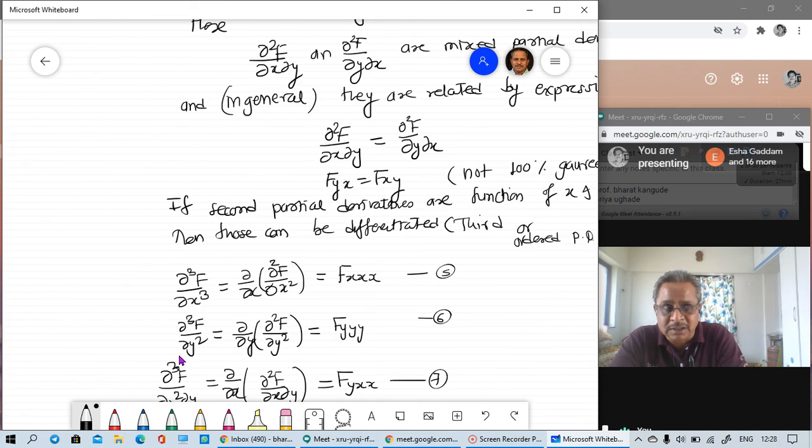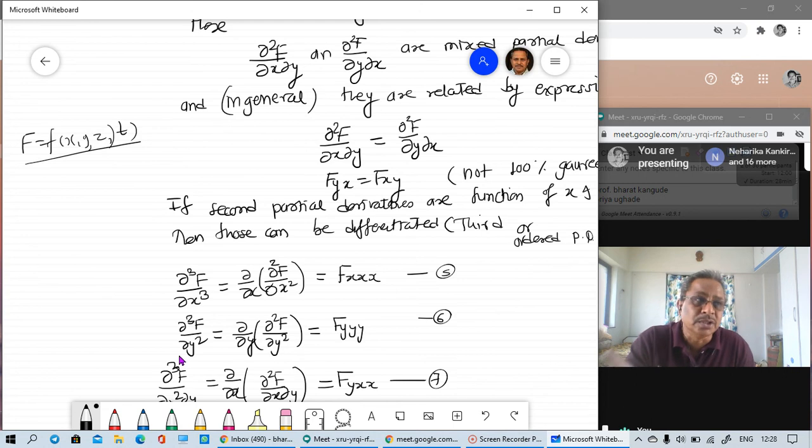Now you can calculate this way: if we have a function f which is a function of 3 variables x, y and z, then first order partial differentiations will be 3; how many second order, third order, fourth order there will be can be calculated. If I go on increasing x, y, z and t, again this number goes on increasing.